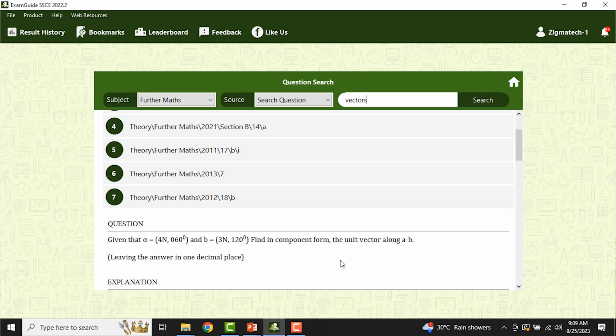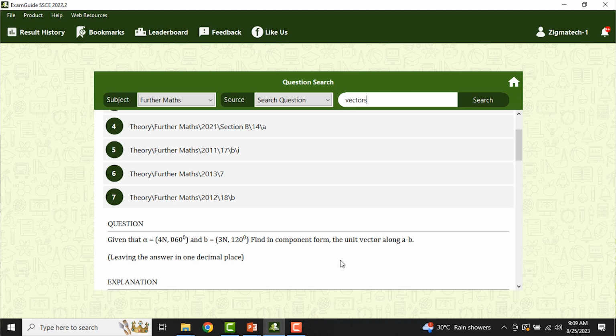Thinking about component form in vector, we want to consider component form of vector is expressing a given vector in form of who? i and j.